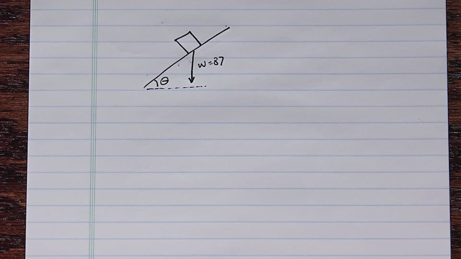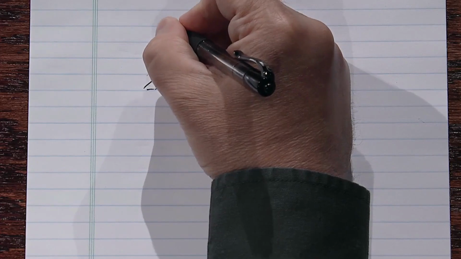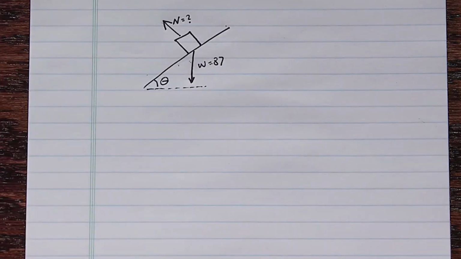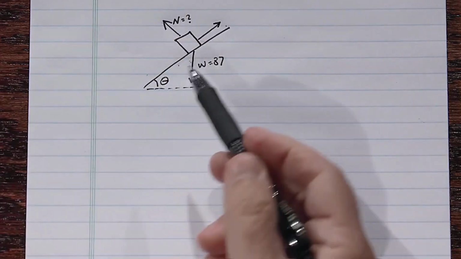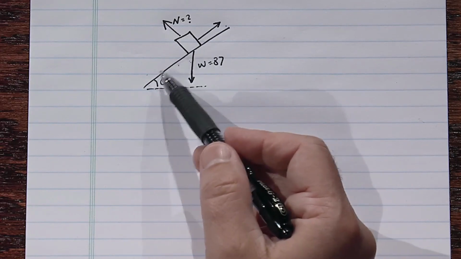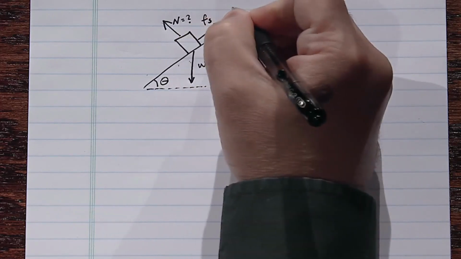We know that the normal force of the desk will act perpendicular to the desk. That's our normal force, and we don't know what that is. And we also know that we'll have friction. We'll have static friction in this case, and we know that static friction acts parallel to the desktop. So it will act in this direction, because we know that weight will act to pull the computer down the ramp, so friction will act against it, and that will be static friction.